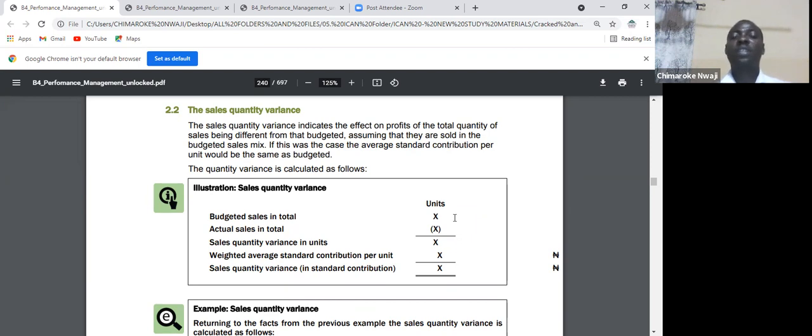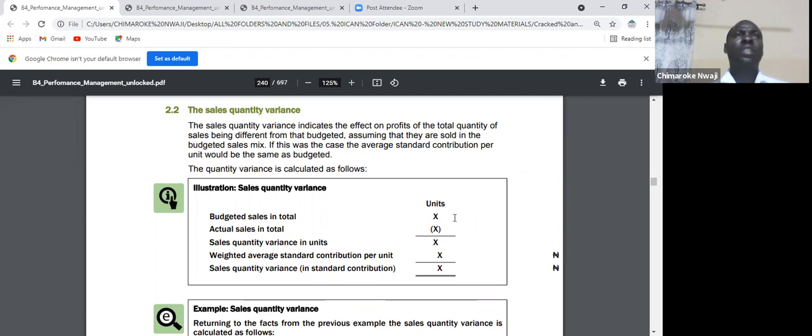Now for sales, it is the effect on profit of the total quantity sold being different from that of the budgeted quantity. So you see here, the sales of 600 units is different from the budgeted 500. And we're going to be assuming that they are sold in the budgeted mix.